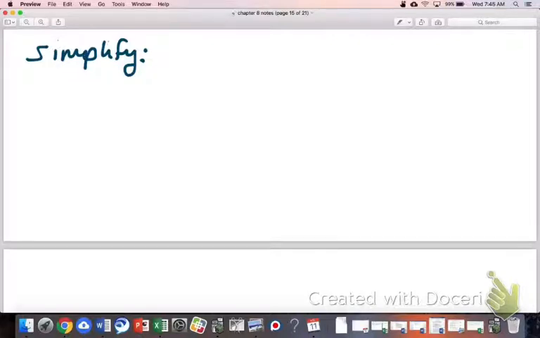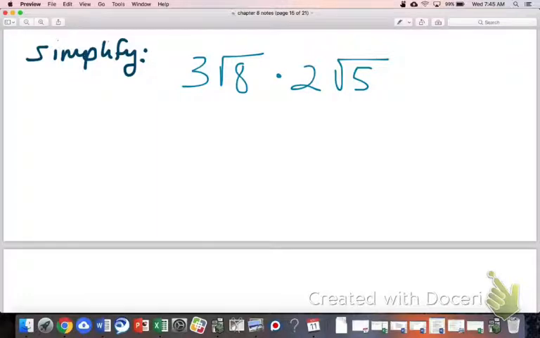Let's go with 3 root 8 times 2 root 5. 3 root 8 times 2 times the square root of 5. Make sure you simplify this one all the way down after you've done the multiplication.